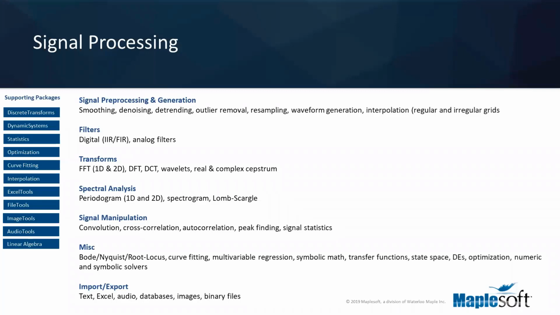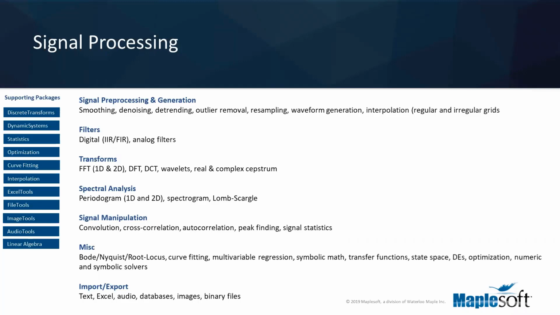You can also generate Lomb-Scargle periodograms of irregularly sampled data. There are many signal manipulation and arithmetic tools for convolution, cross-correlation, autocorrelation, peak finding, signal statistics, and much more.